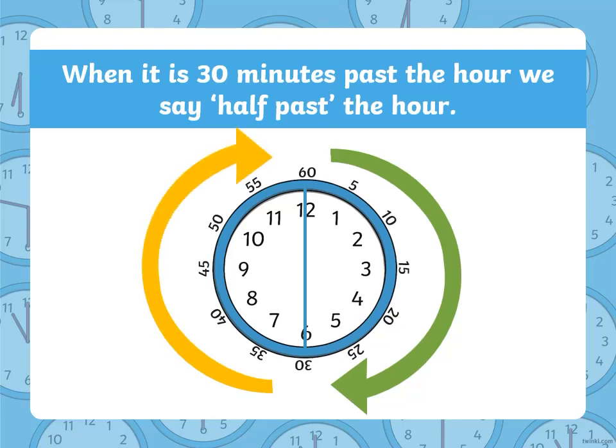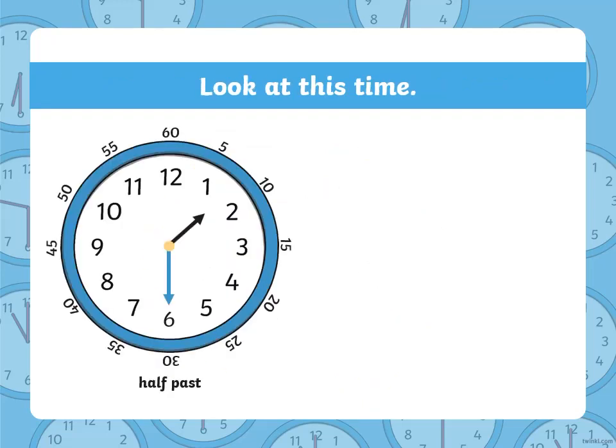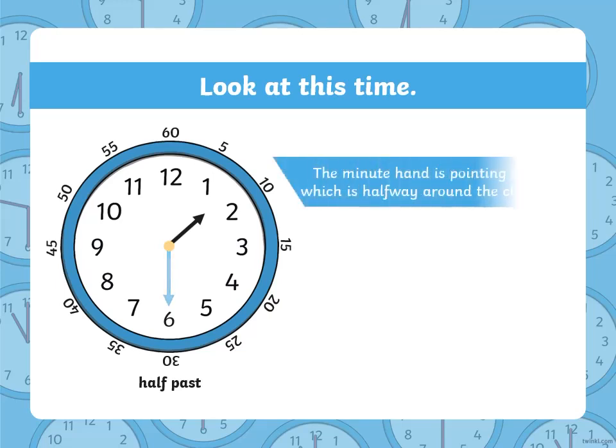We can see that our clock moves, or our hands on our clock move in a clockwise direction. See the arrows. Look at this time. The minute hand is pointing at the 6, which is halfway around the clock.